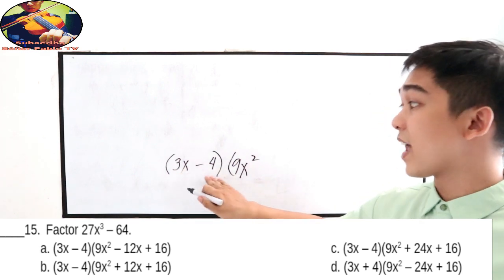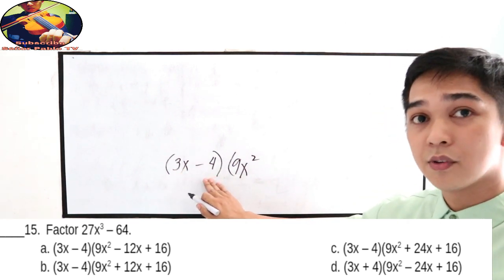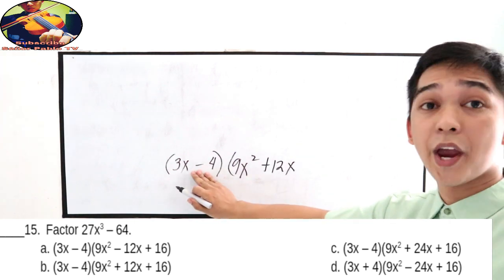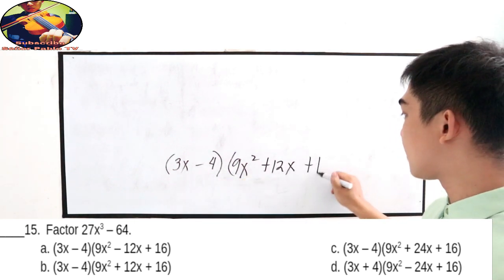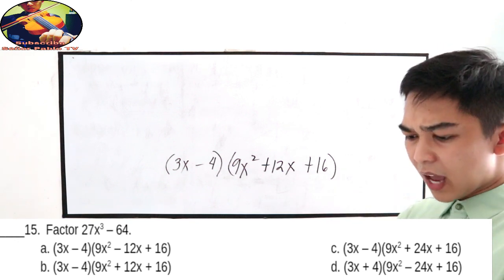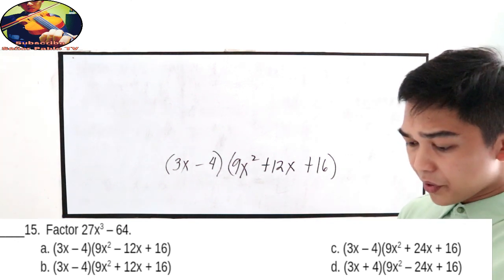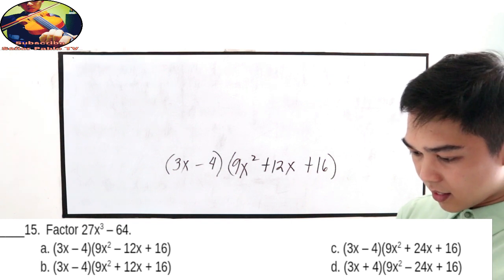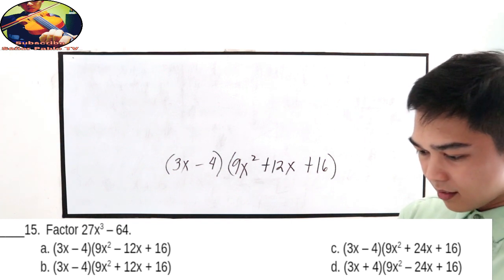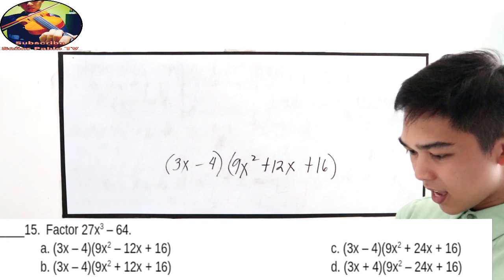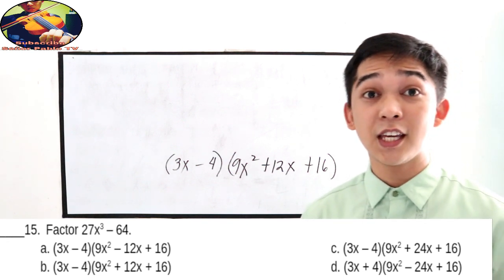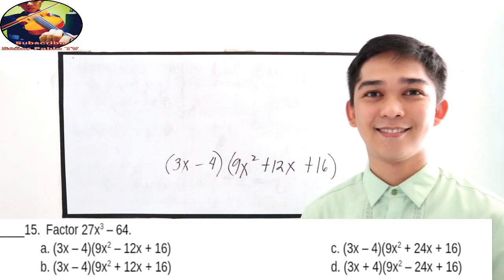Multiply the first and the second times negative, so positive 12x. Square the second term, plus 16. Anong letter yan? 3x minus 4, then lahat positive na. Letter B. Number 15, as in ball.